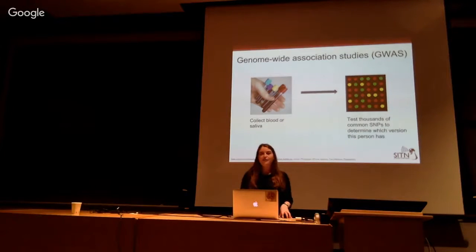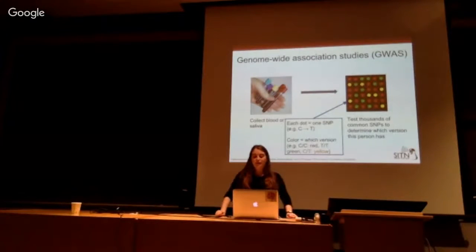But essentially, every spot is testing a different SNP. And the color of that spot is going to tell you whether for that SNP, the person has, for example, TT, or TC, or CC, because there are only 3 possible versions, so there are 3 different colors. So for example, if we looked at the yellow dot there, so let's say that's some C to T SNP somewhere in the genome. The color is going to be red if this person is CC, or green if they're TT, or yellow if they're CT.